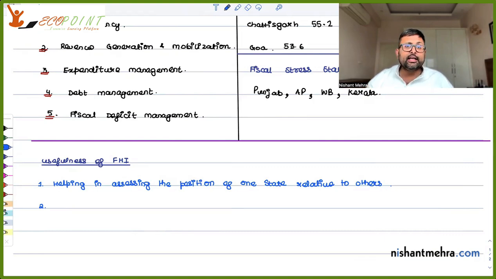So if one state can achieve tax buoyancy, if one state can find out other sources of revenue apart from the tax revenue, then why can't other states also find them out? So other states can also work on, okay, if this particular state has found out this kind of a non-tax revenue, why can't we find out, right? So they can replicate these strategies which are in the other states.